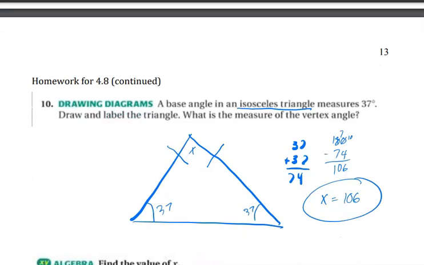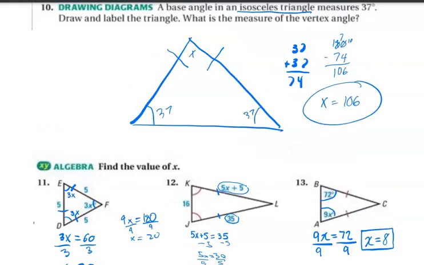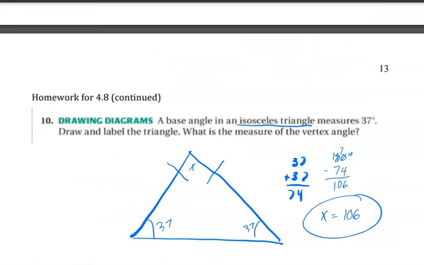Okay, so we've got another little page here. We're drawing diagrams. Here it says a base angle in an isosceles triangle measures 37. So draw yourself an isosceles triangle. I'm going to ask you to label isosceles triangles on the quiz, which is next class, so you have to really know what you're doing here.